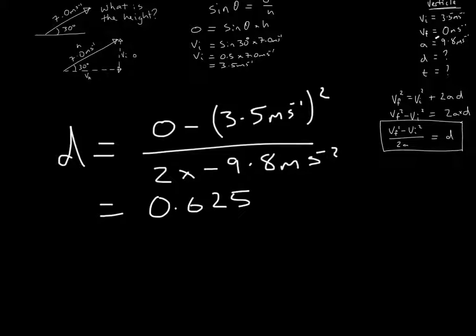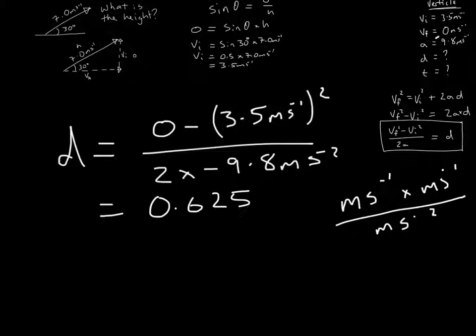Okay, so if I look at the top here, I've got meters per second. Meters per second, negative 1, times meters per second, negative 1, over meters per second, negative 2.